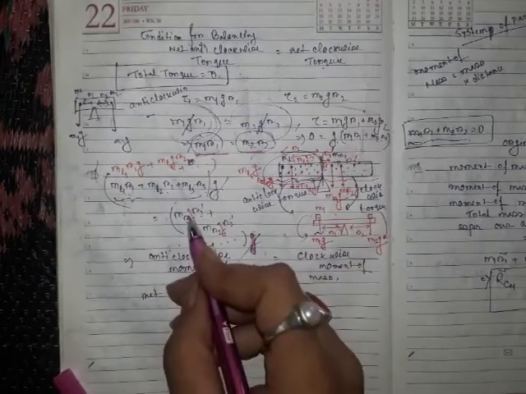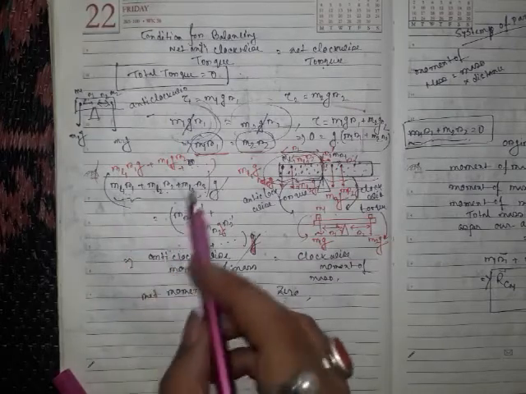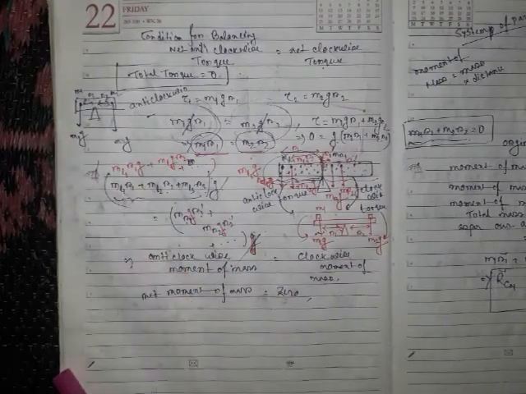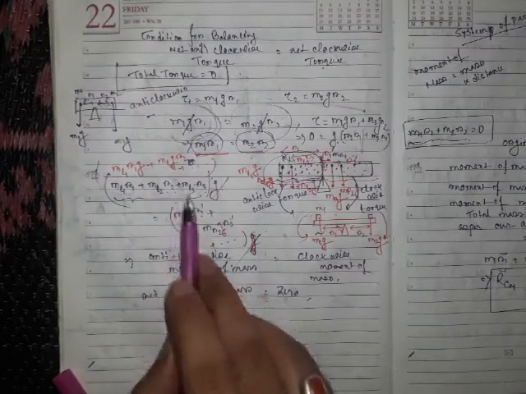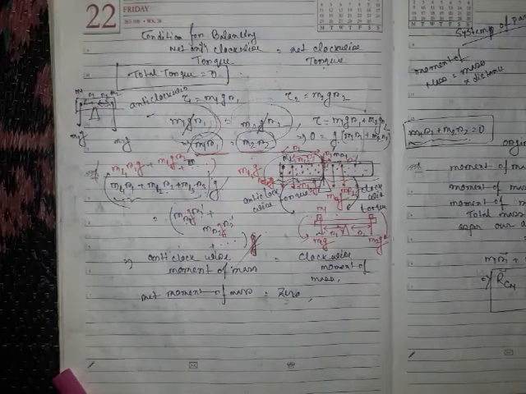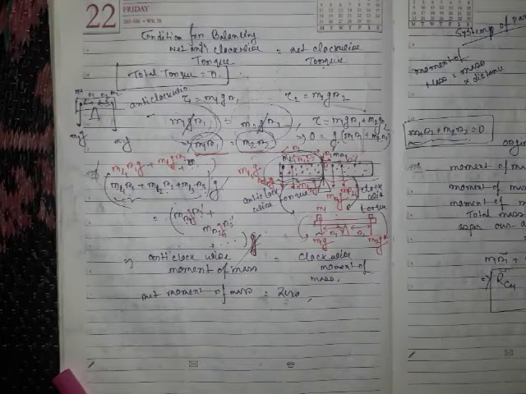Now you can take this g out and this g will cancel. Now this is mass multiplied by the distance from the axis of rotation. So anything multiplied by the distance from the axis of rotation is called the moment of that thing.